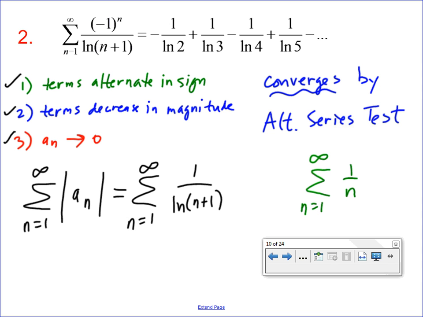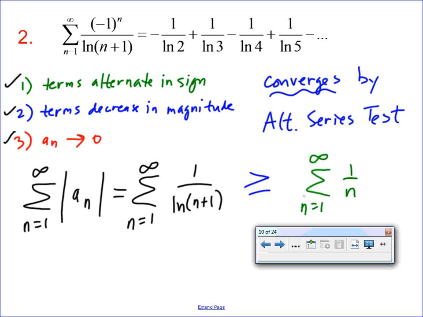It must also diverge. And so this is by direct comparison. Because I'm comparing the denominators, these denominators are smaller than n, ensuring the fraction will be greater than or equal to the terms in the harmonic series, which is known to diverge.